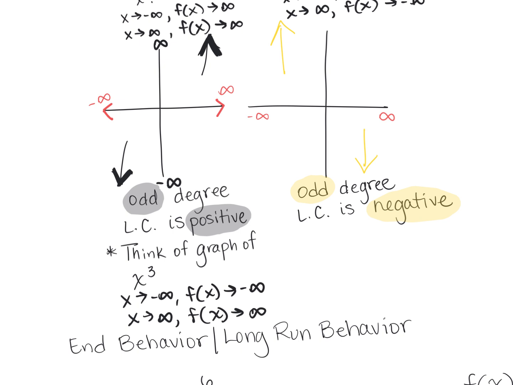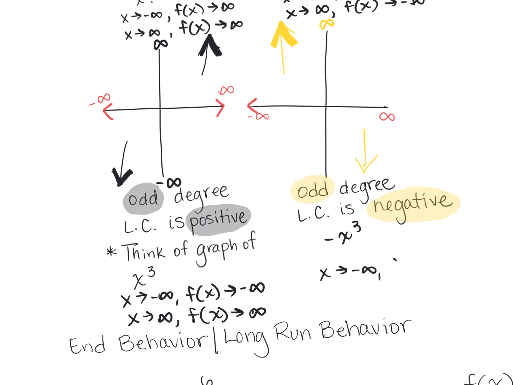So last but not least, we have odd degree and leading coefficient is negative. So if you can think of a negative x cubed, that obviously is going to reflect it over the x-axis. So in this case, my x's are going this way, then my y's are going to be going up and up and up toward positive infinity. So x is going very small.